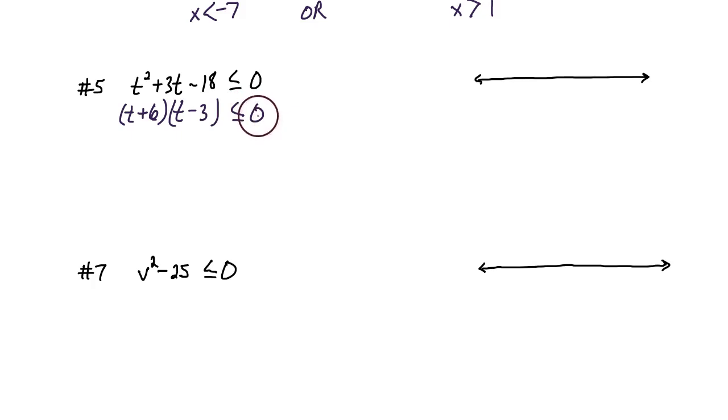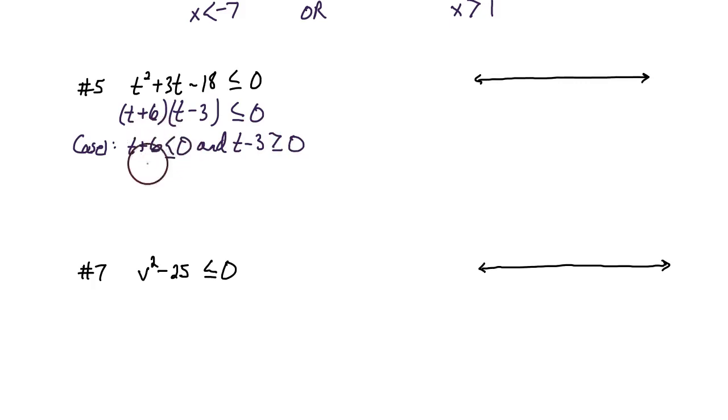Being less than 0 means being negative. How can you multiply two things together and end up negative? One of them must be positive and the other must be negative. There are two cases. Case number 1, the t plus 6 could be less than or equal to 0, and the t minus 3 could be greater than or equal to 0.